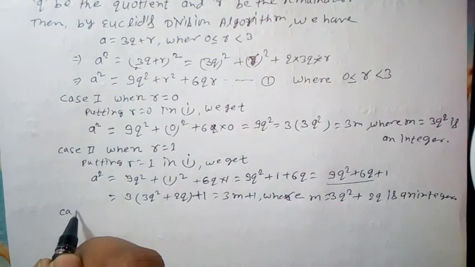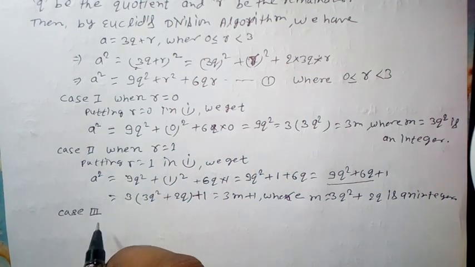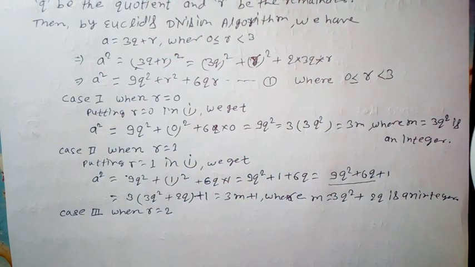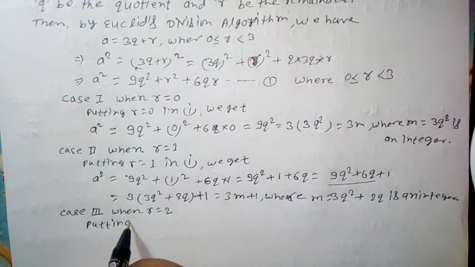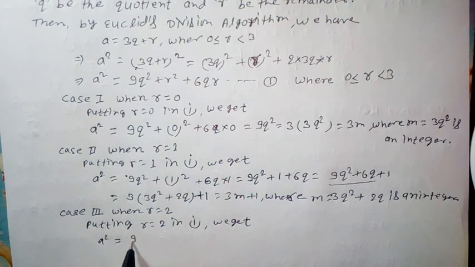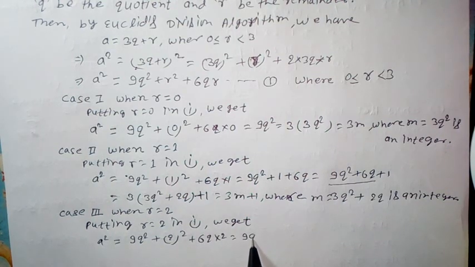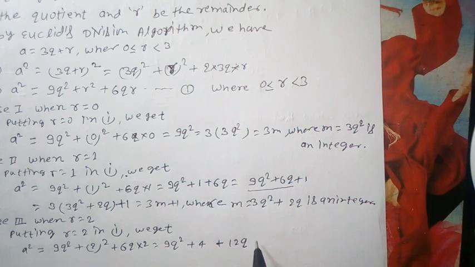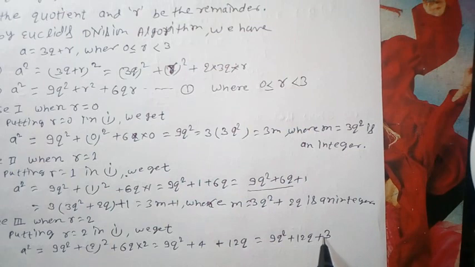Case 3, when r is equal to 2. Putting r is equal to 2 in equation 1, we get a square is equal to 9q square plus 2 to the power 2 plus 6q into 2, is equal to 9q square plus 4 plus 12q, is equal to 9q square plus 12q, and we write 4 in the form of 3 plus 1.